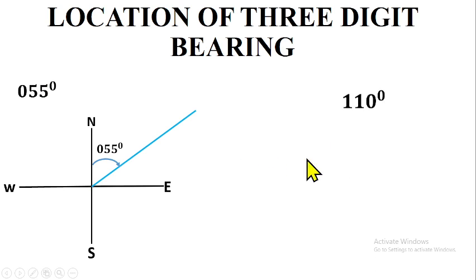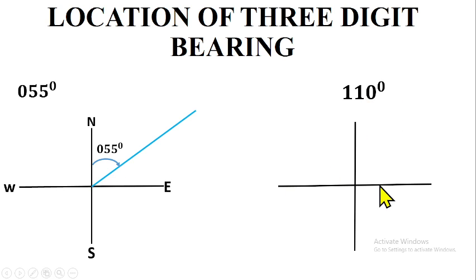So this is how to locate 3-digit bearing. Also, I have 110 degrees here. Let's try to locate that. I'll draw my cardinal point. Then where will 110 fall? It's going to fall around here, because from north to east is 90, and 110 is more than 90, so it's not going to be here. I will draw my straight line here. Then where will I draw the angle?